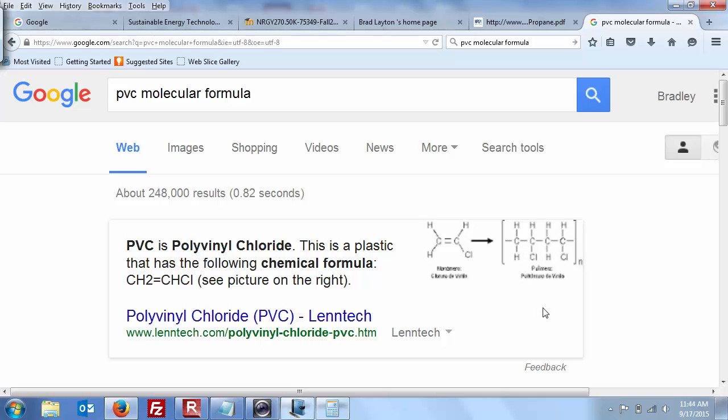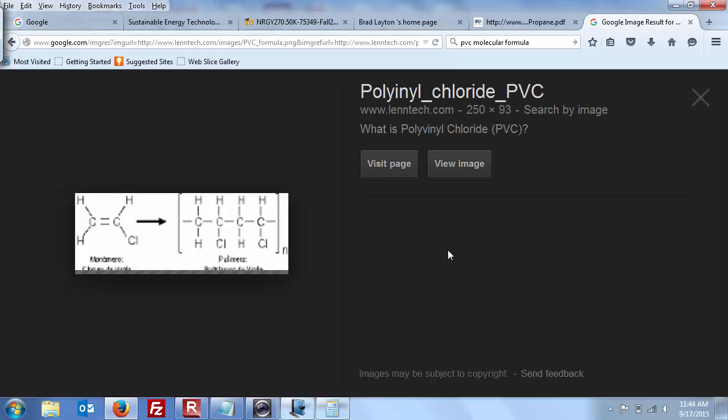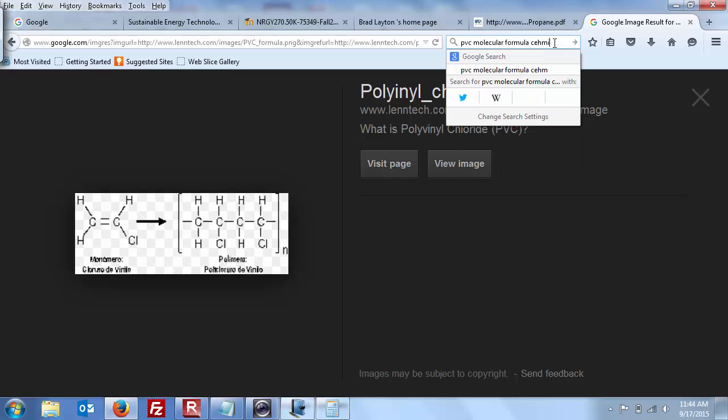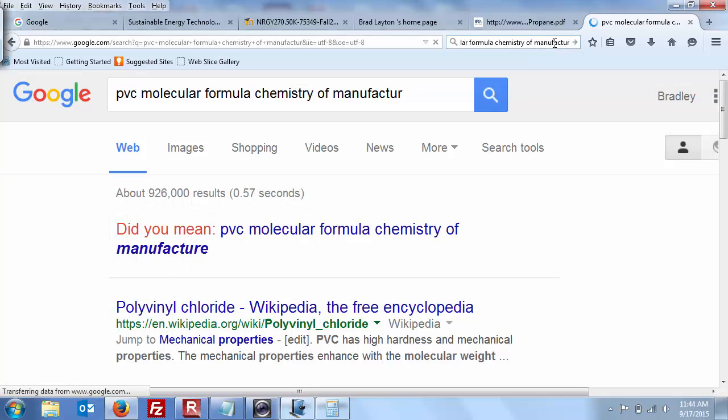Now, in this case, let's just look at this guy. Here's the monomer. So this thing is a gas, and let me just see, formula, chemistry of manufacture. I'm guessing there's more to the story than what we just saw there.